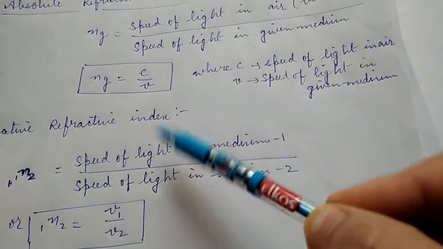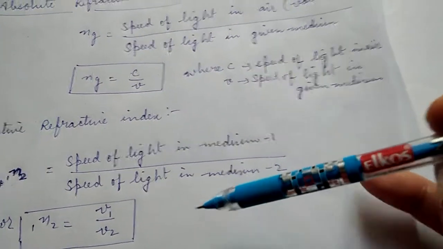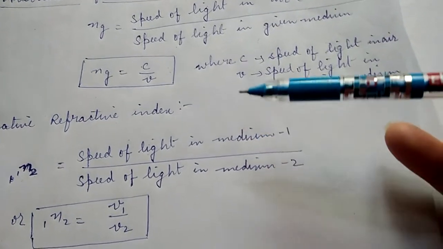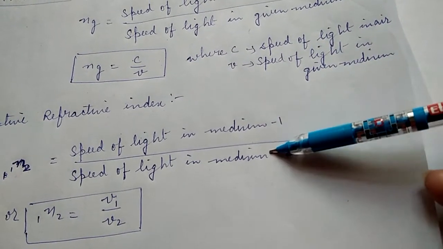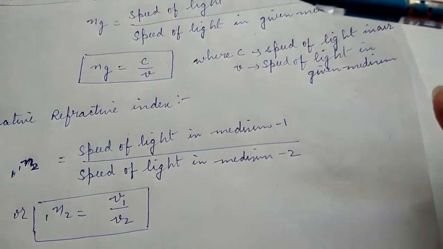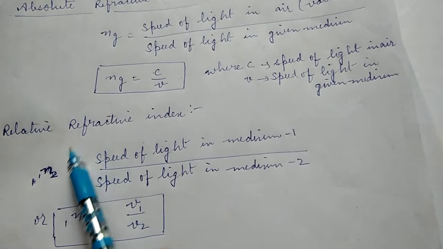For example, we are finding the refractive index of glass with respect to water. Okay, so the light ray will move from water to glass. Then both these media are other than vacuum or air. So here the refractive index will be relative.